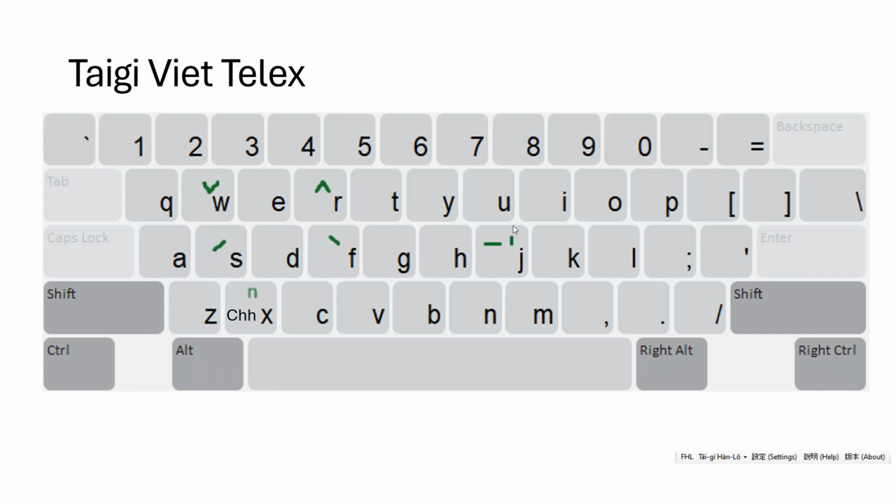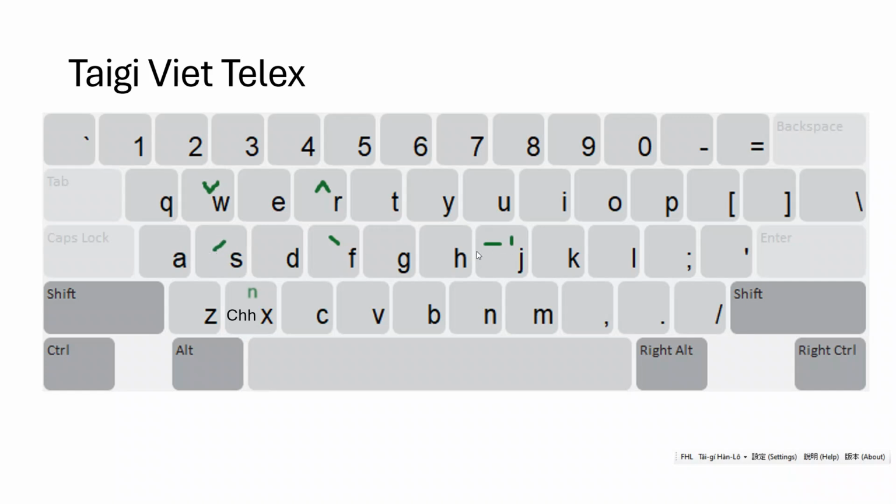So if you want to use the predictive way to type Taiwanese, and you type the S, the system cannot recognize whether you want to type an S sound or this tone mark.